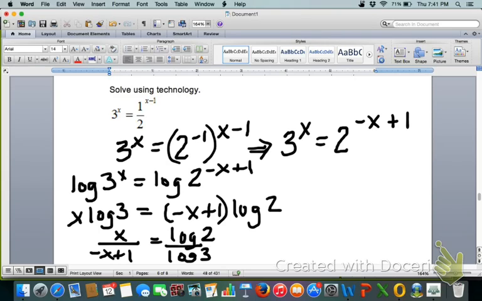Alright, so here what I want to do is use my calculator. I have x divided by negative x plus 1 equals, and if I use my calculator and do the log of 2 divided by the log of 3, I get 0.63, and I'm just going to leave it at that. Now I still have to solve.